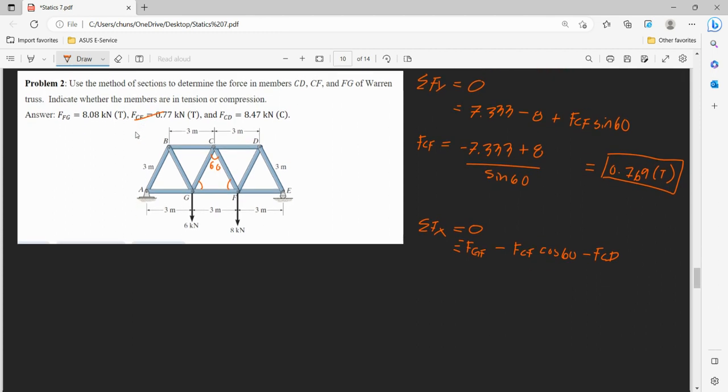So that makes FGF equal to negative FCF cos 60 minus FCD, and that is equal to 8.08 kilonewtons. It's positive in tension. Okay, so that is how to use method of sections for simple trusses.